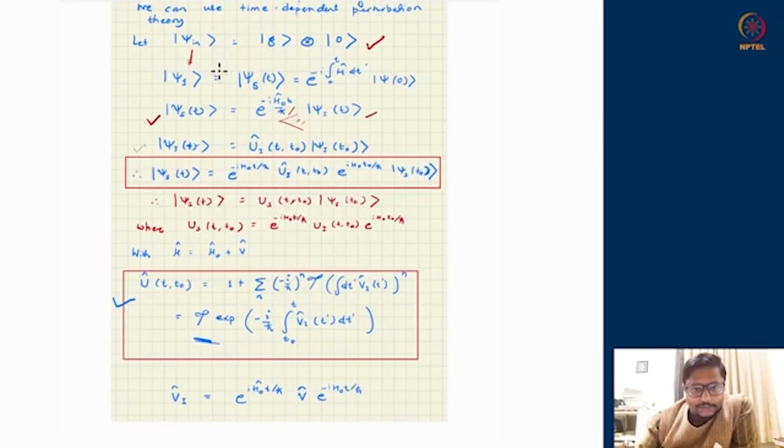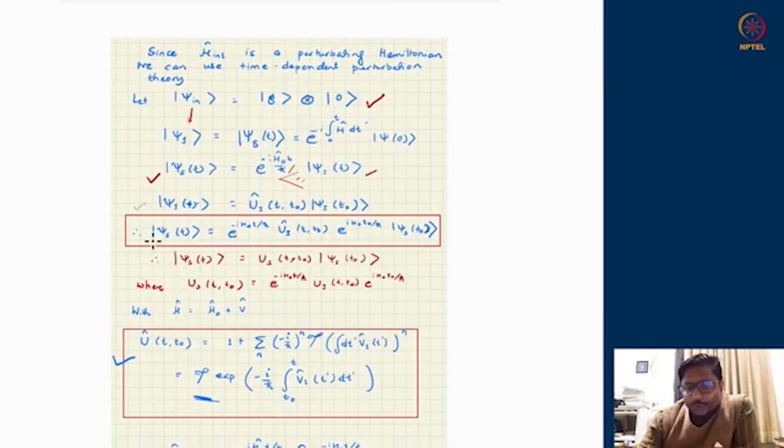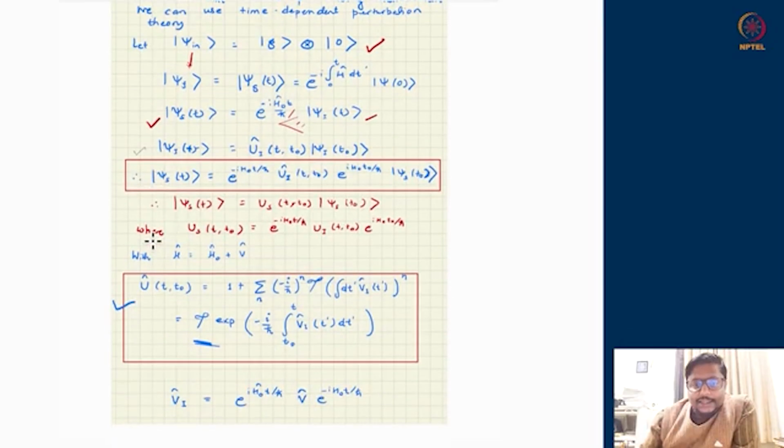Just go back to your notes of week 2 and recollect that the time evolution of the interaction picture wave function is done through a unitary operator, which is this time ordered exponential, where V I is obtainable from the perturbation potential V, or H interaction for our case, squeezed between the unitary of the free Hamiltonian, e to the power i H naught t upon h bar on the left and e to the power minus i H naught t upon h bar from the right.